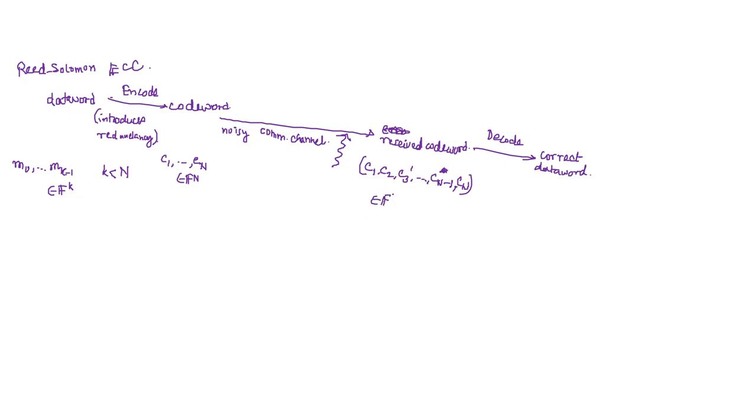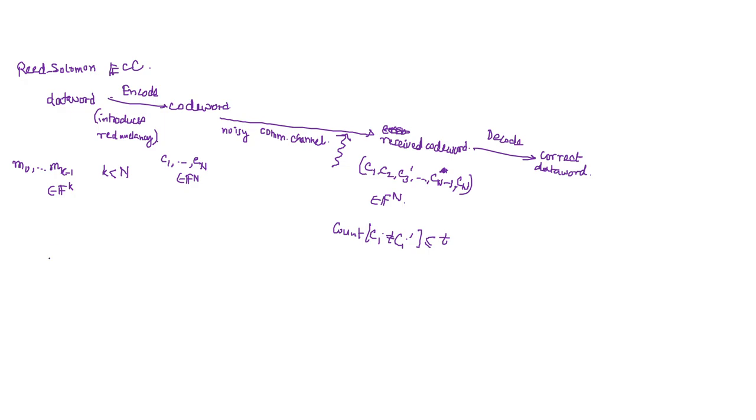It is still an element of F to the power n, but the contents can get modified at some specific index positions, but still the count of ci not equal to ci dash should be upper bounded by t for a t-error correcting code, right? This is the whole purpose of an error correcting code.